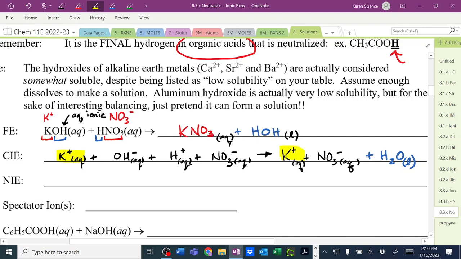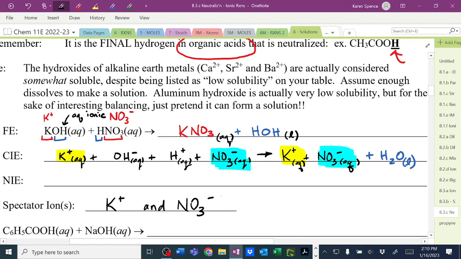Potassium is staying the same, and nitrate is also staying the same. So those are our spectator ions. They are just watching the reaction, not actually taking part in it. So we have K plus, and we have NO3 minus.